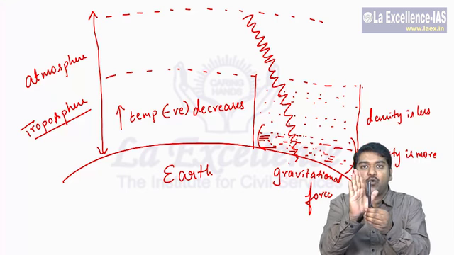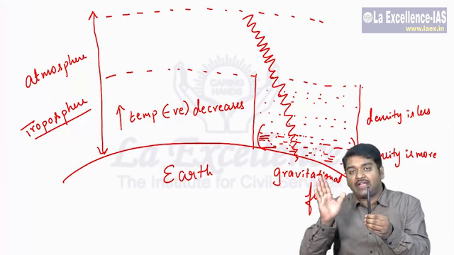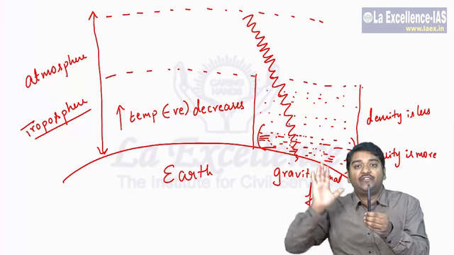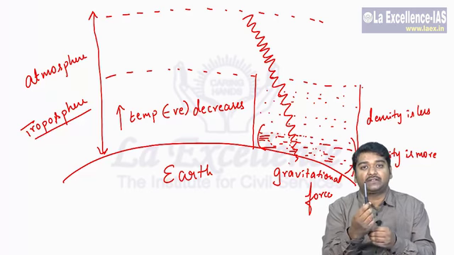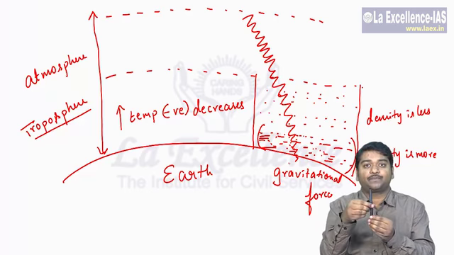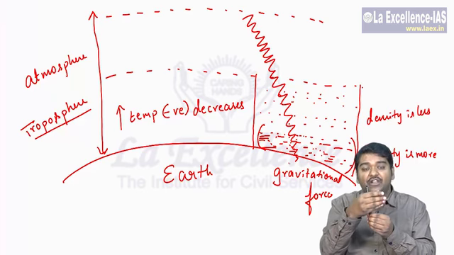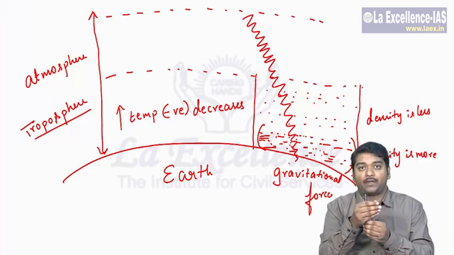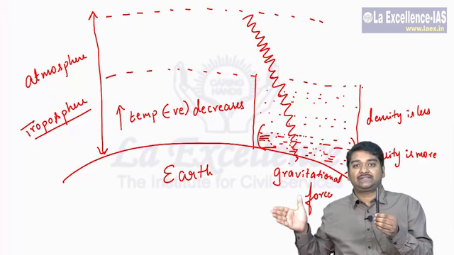But as I move away, I don't feel so much heat, and as I move far away, I don't feel the heat at all. Earth gets heated because of the sun's rays, and the particles closer to Earth will be heated more, and the particles farther away will be heated less.